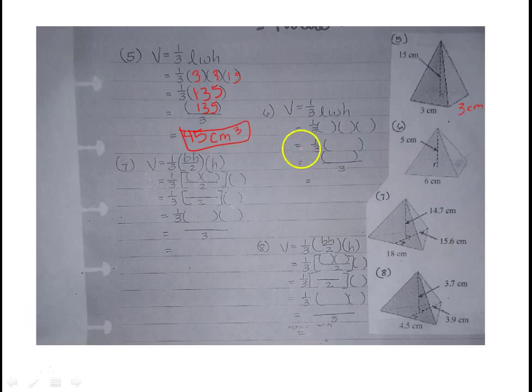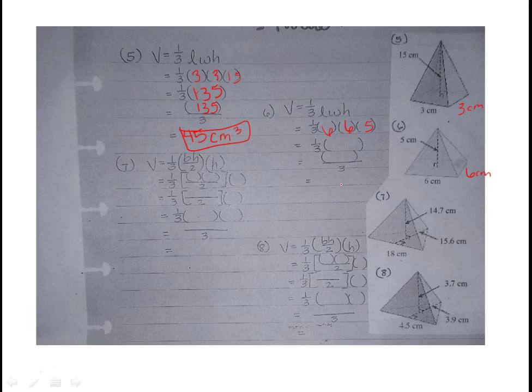All right, number 6, same thing. You see the pyramid, you see the base, length times width times height divided by 3. So if it's a square, we know if this is 6, this is also 6. So 6 times 6 times 5, because the height is 5.